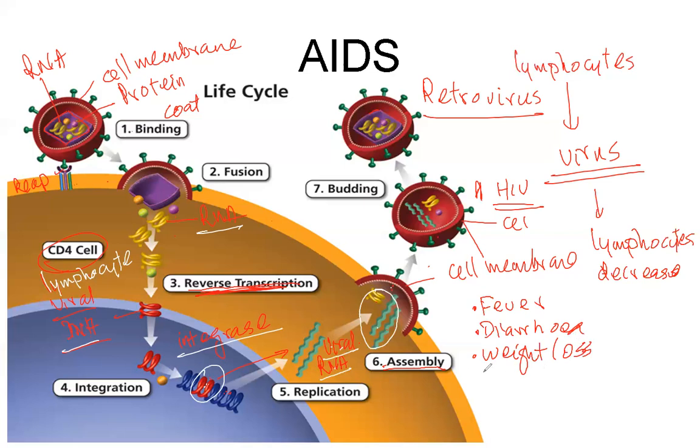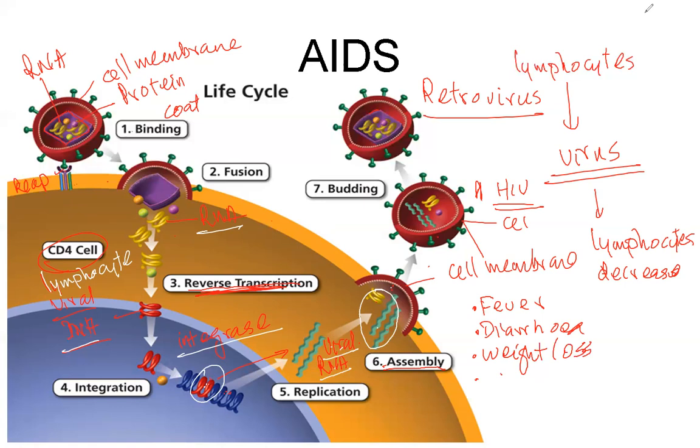And you start getting infections, the ones we studied in the previous part of the lesson: mycobacterium, viruses, fungi, and all these infections appear, and the patient dies from other diseases. And remember, there's no treatment for the disease. Till now, scientists are unable to find a treatment for the disease.